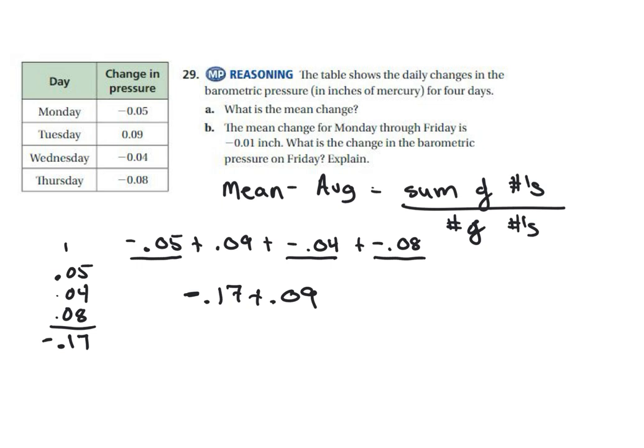Okay, so when we add those up, negative 0.17 plus 0.09, that's going to put us at negative 0.08. And we divide by the number of numbers, which is 4.